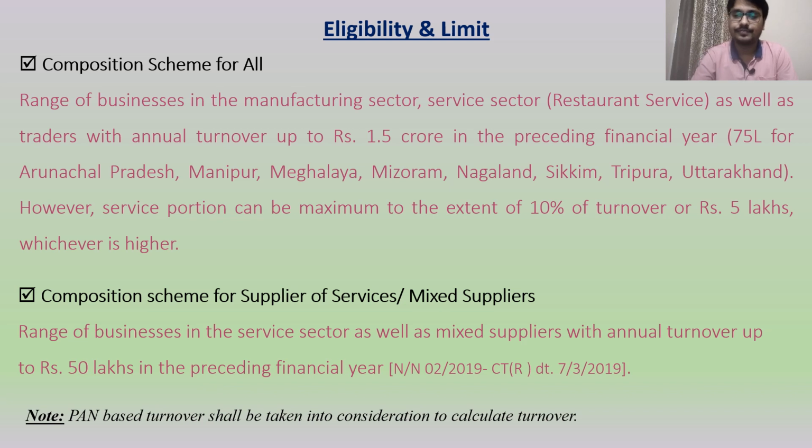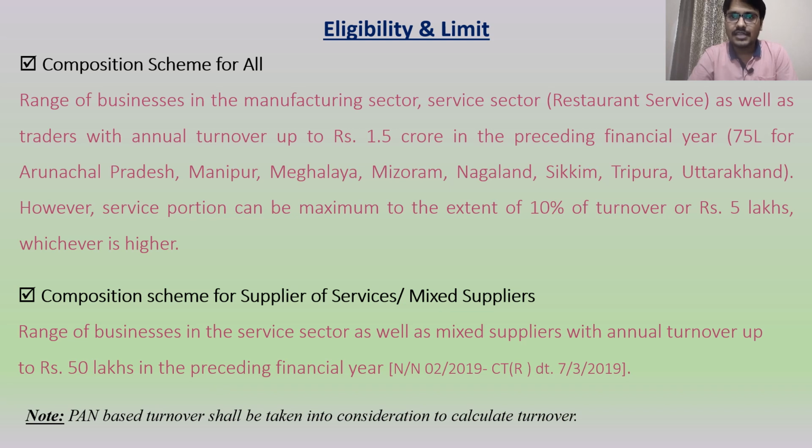Now, let us discuss another composition scheme which is given by notification number 2/2019 central tax rate dated 7th March 2019. This scheme is for service suppliers and mixed suppliers whose annual turnover did not exceed Rs 50 lakhs in the preceding financial year.